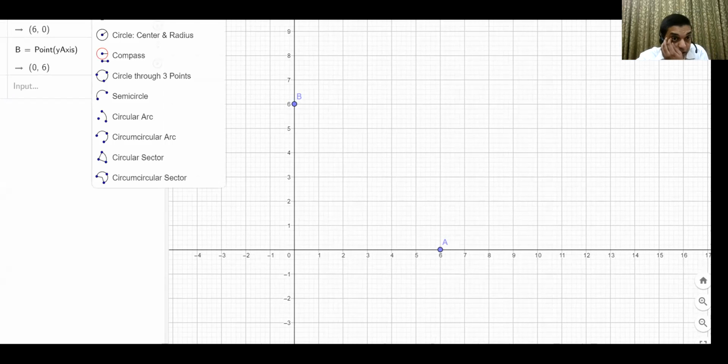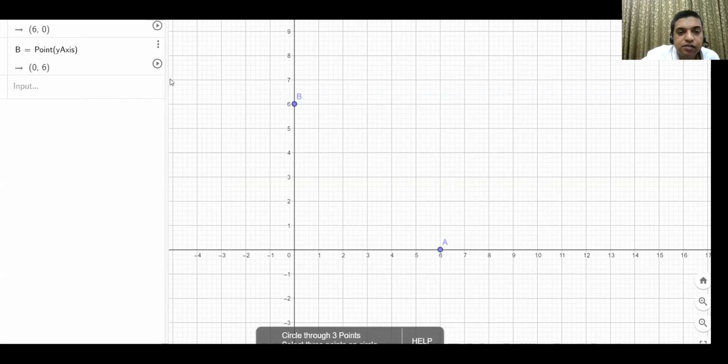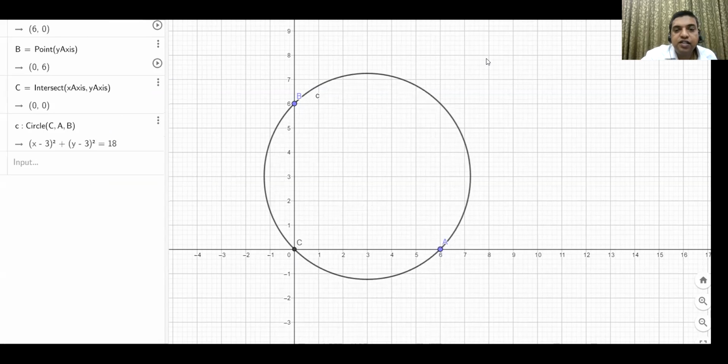Center radius form, it's asking, circle through 3 points. Okay, I'll do circle through 3 points. Now see this circle, right?